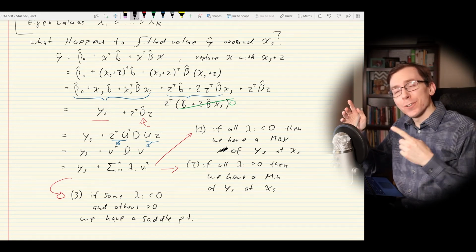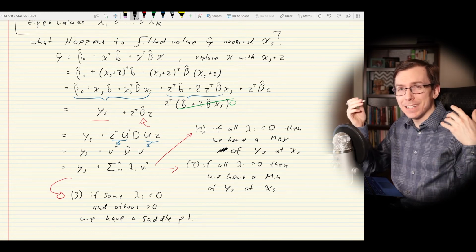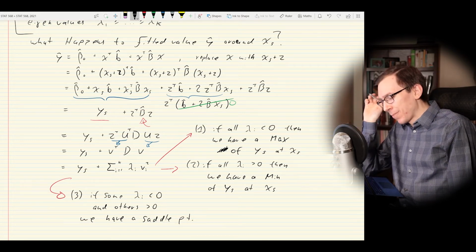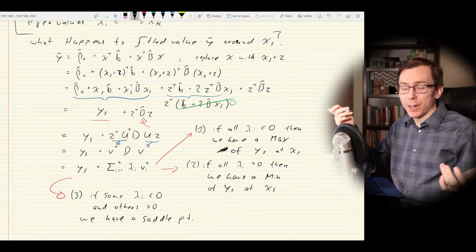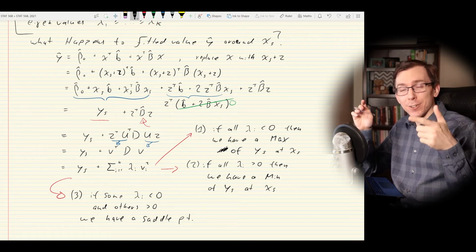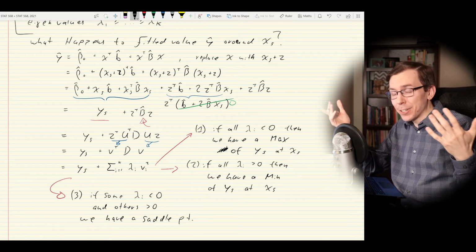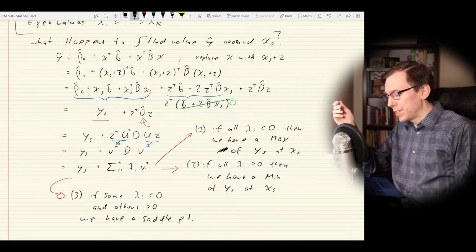That means in certain directions, the response increases. In certain directions, the response decreases. So if we're trying to maximize our process, we're going to have to look in the direction of increase and search in that direction for better data points. If we want to decrease, then we would follow in a direction of steepest descent.